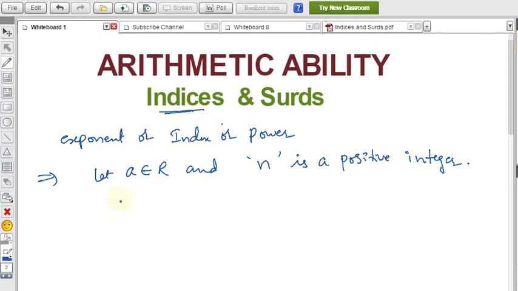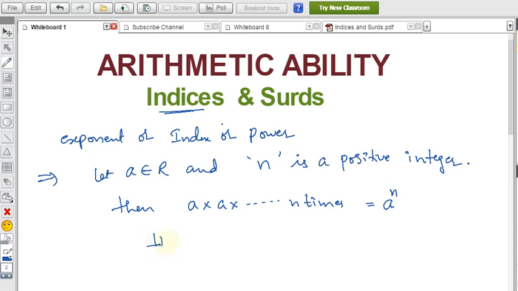Then a multiplied so on n times we can write as a to the power n. Here n is known as the indices to this base a.